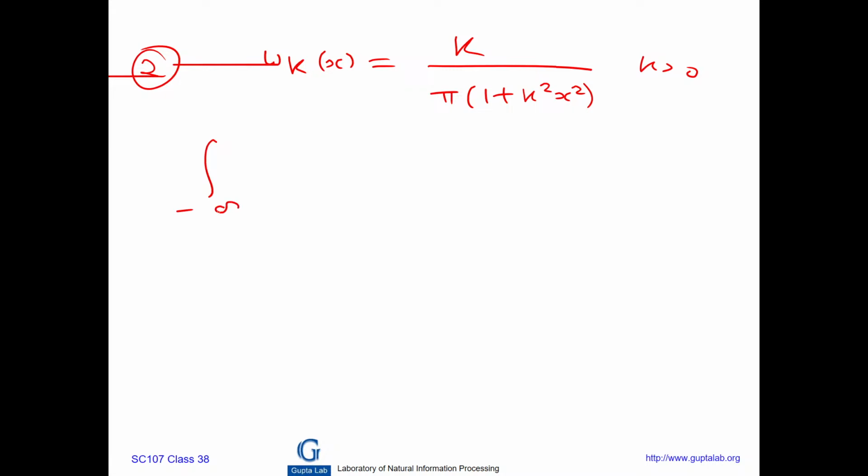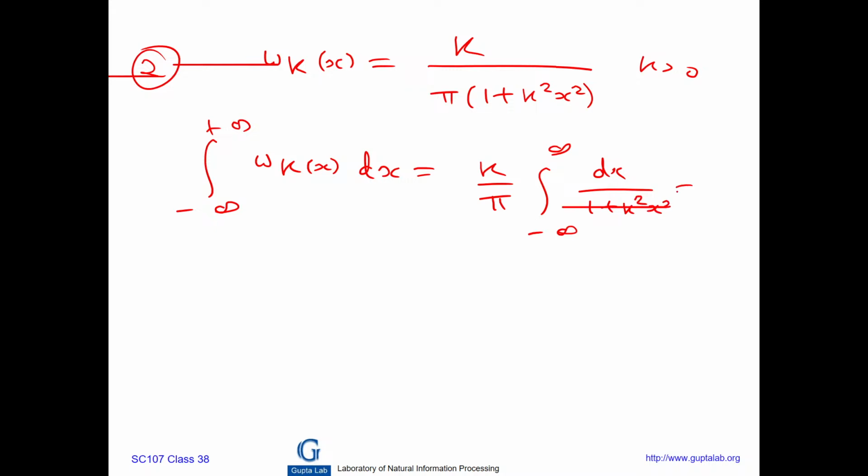Then also you can see that the integral from minus infinity to plus infinity of omega k of x dx is equal to k by pi times the integral from minus infinity to plus infinity of dx divided by 1 plus k square x square. This value is 1. You can make this complex also if you want, but this value is 1. Okay. So these are two helping sequence functions.